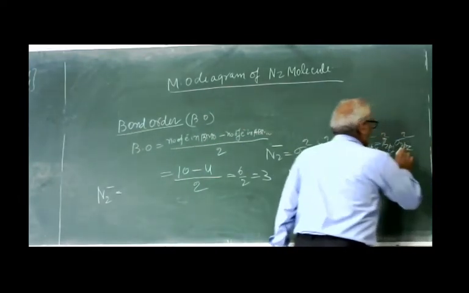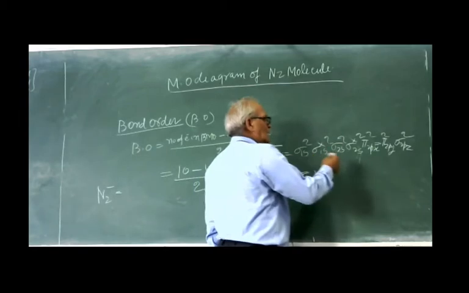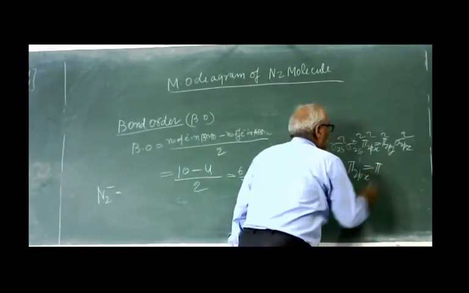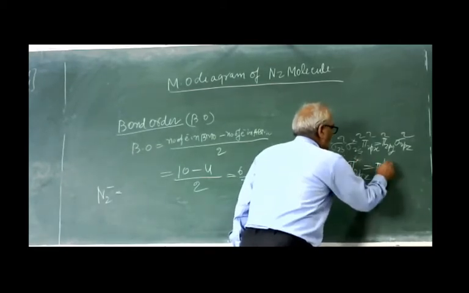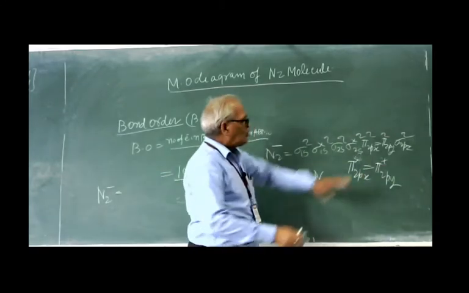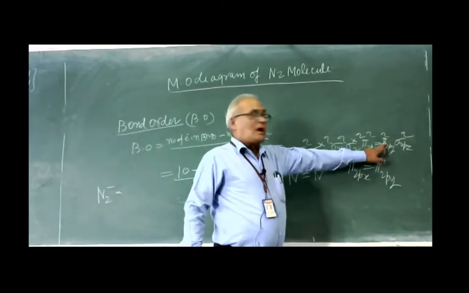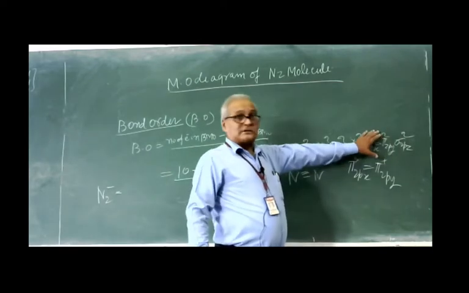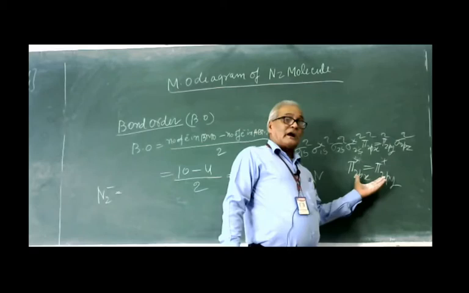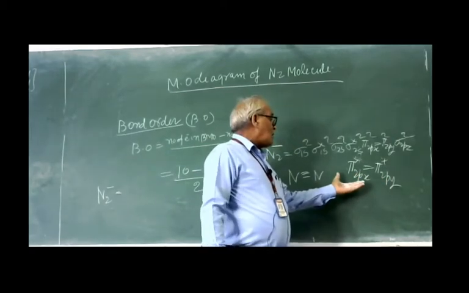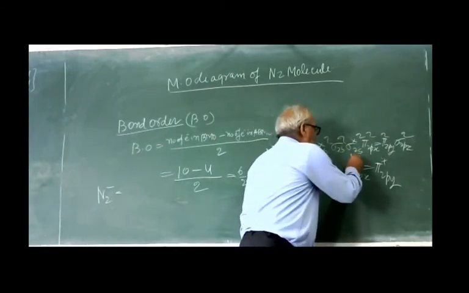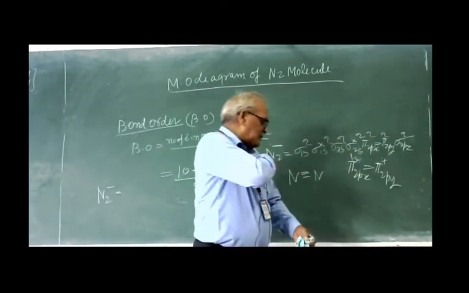This extra electron will enter pi 2px equal to pi 2py, the anti-bonding molecular orbital. Pi 2px, pi 2py is the bonding molecular orbital having lower energy. This is the anti-bonding molecular orbital having higher energy. So here one electron enters the anti-bonding molecular orbital.